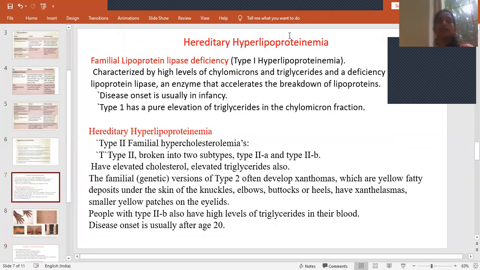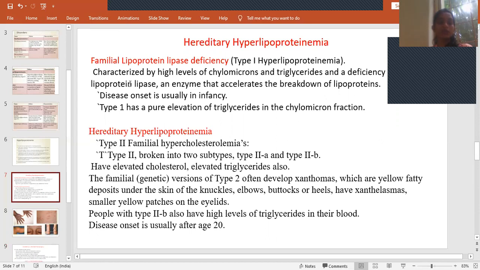Okay. And then hereditary hyperlipoproteinemia, like familial lipoprotein lipase deficiency, that is type 1 hyperlipoproteinemia. It is characterized by high levels of chylomicrons and triglycerides and a deficiency of lipoprotein lipase. So what does this enzyme do? It accelerates the breakdown of lipoproteins.